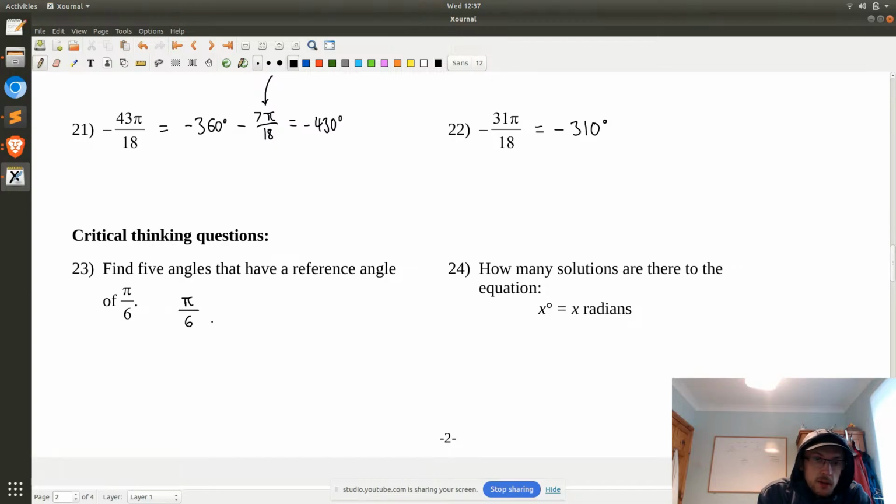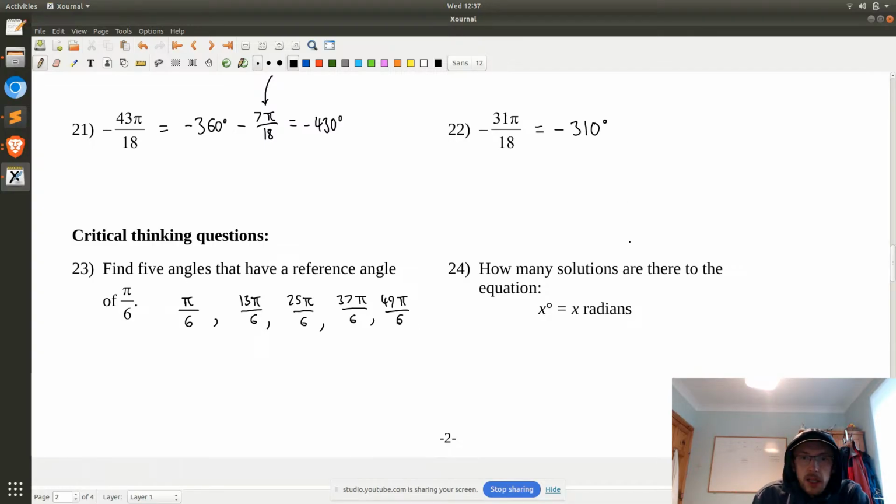And then you can continue to add 2 pi. So that would be, beg your pardon, that would be 12 on the top. Like that. Like that. Like that. Like that.